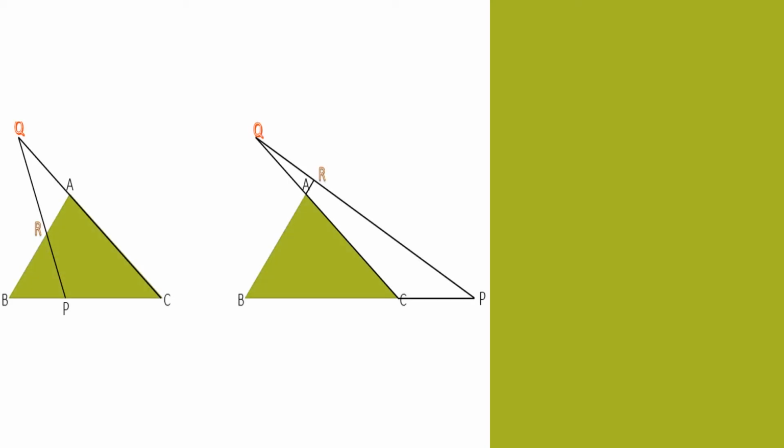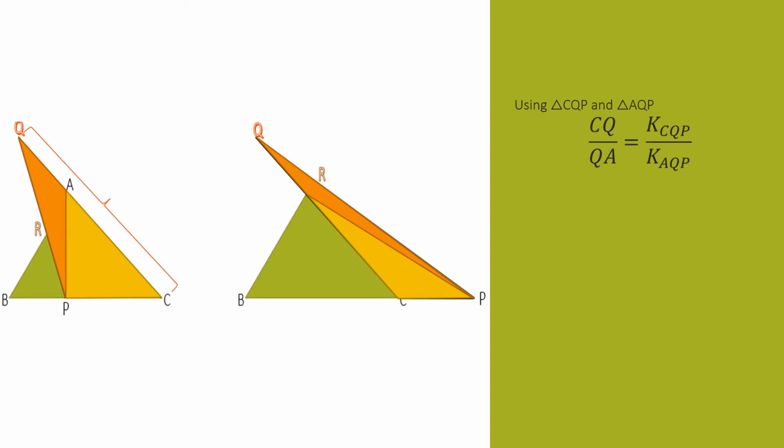I'm going to calculate the ratio CQ over QA twice. Using triangle CQP and triangle AQP, CQ over QA is equal to the area of CQP over area of AQP.